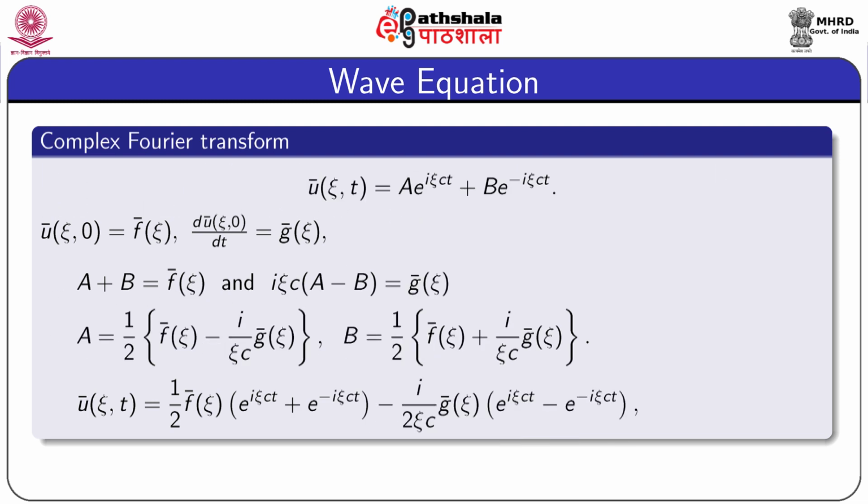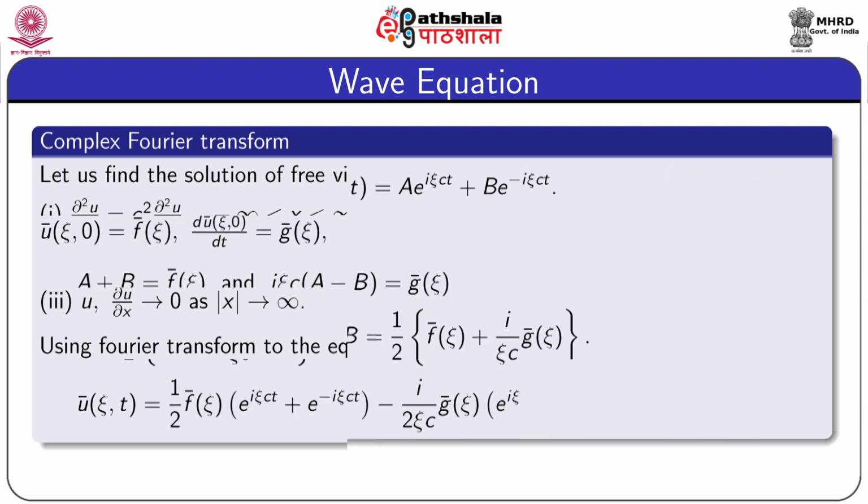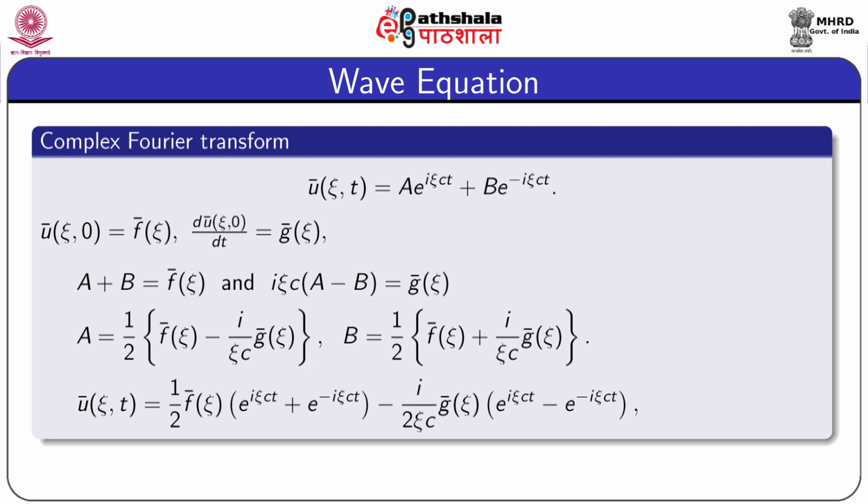Now, the solution of this ordinary differential equation is ū equals A e^(iξct) + B e^(−iξct), where A, B are arbitrary constants. Now, to obtain the values of these arbitrary constants, we need to apply the initial conditions.